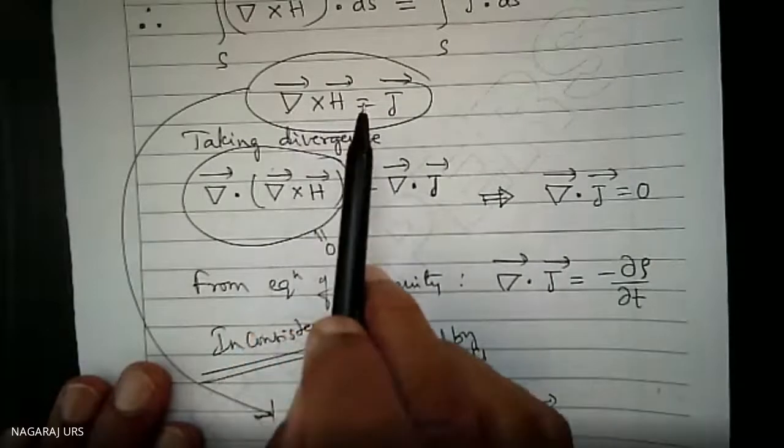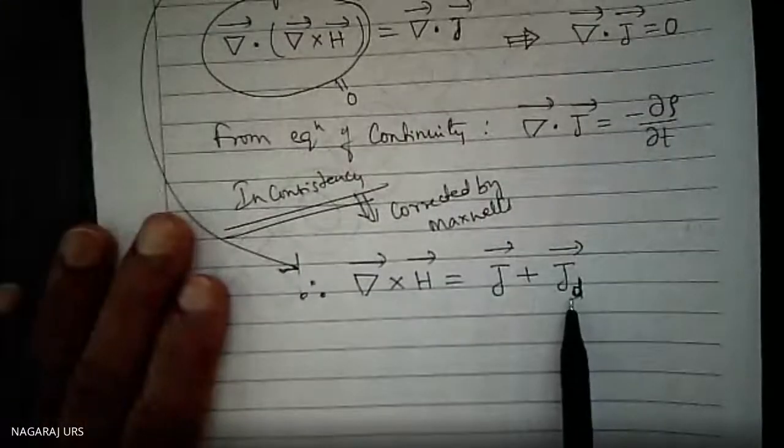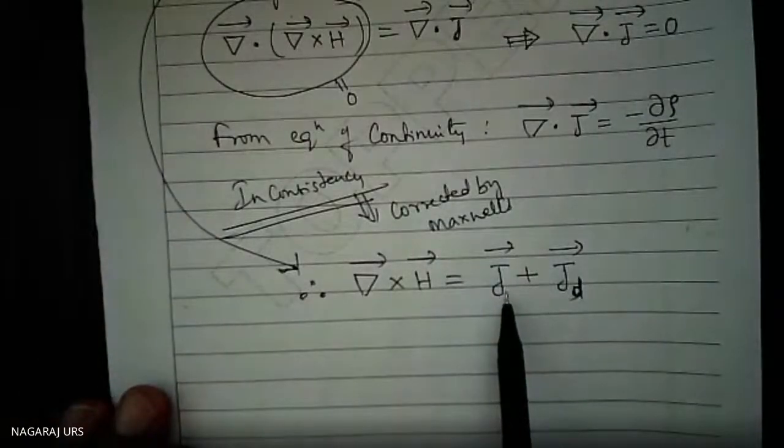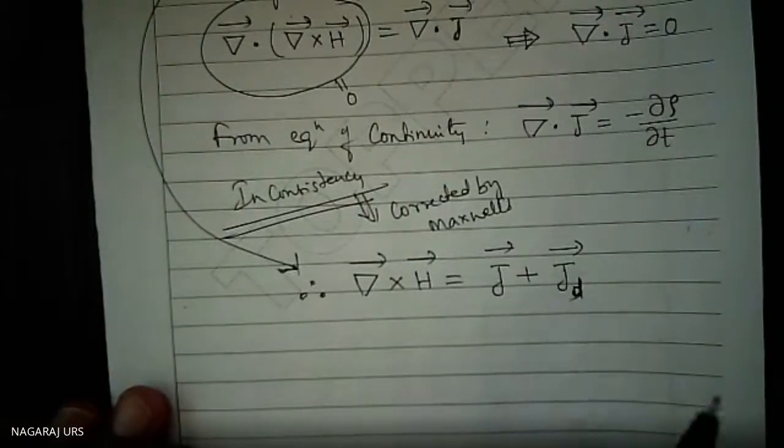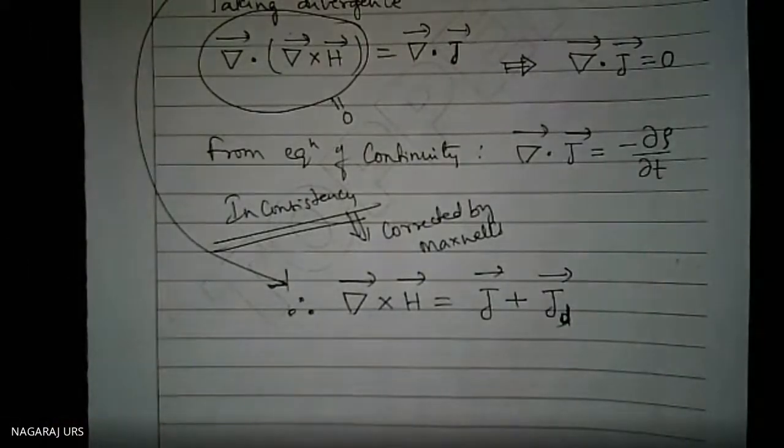Actually, del cross H is equal to J plus JD. J is the conduction current density, and JD is the displacement current density.